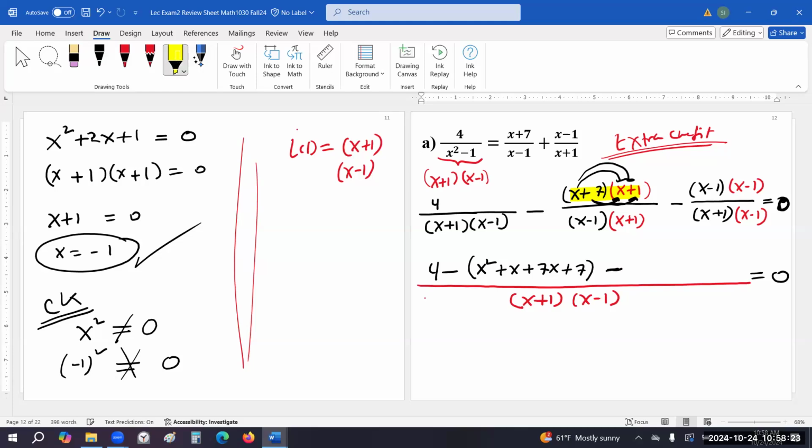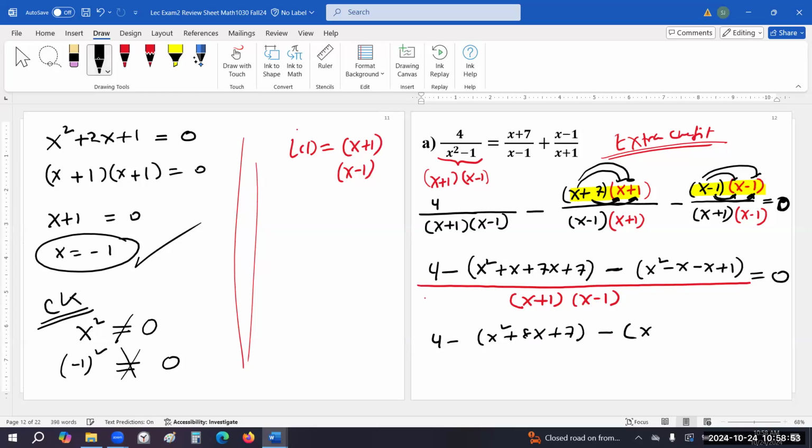And now you're subtracting the next one: x squared minus x, again minus x, and then plus 1. So 4 minus (x squared plus 8x plus 7) minus (x squared minus 2x plus 1).